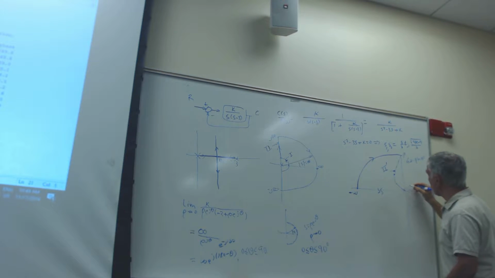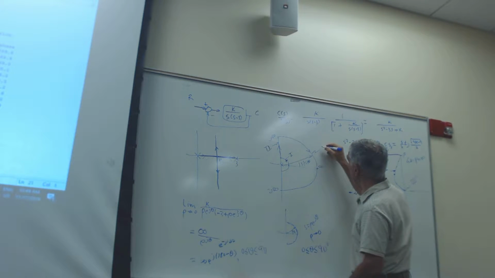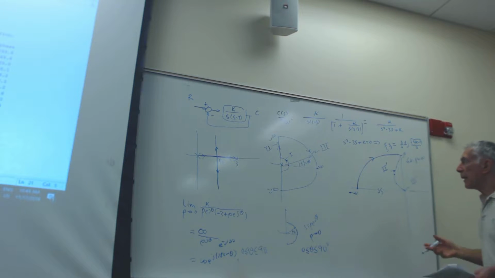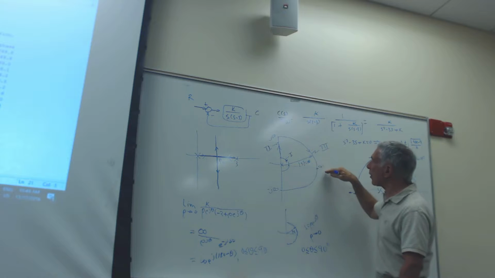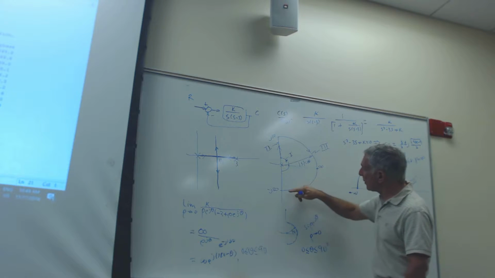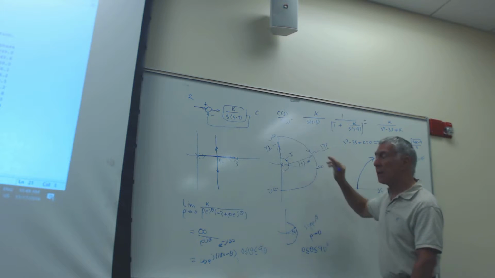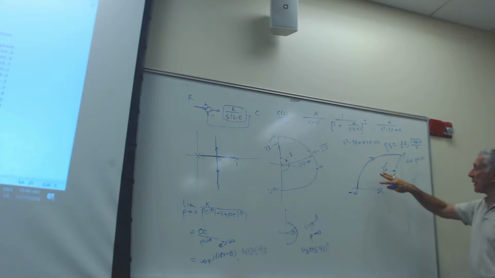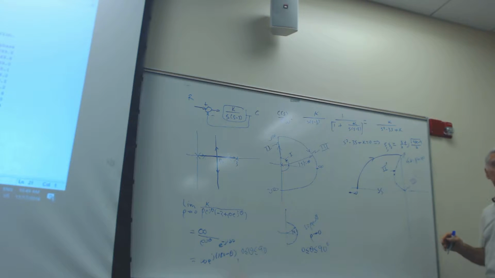So this point here would be, say, 3 prime, or I'm calling it 3. The points below the horizontal axis are complex conjugates of the points above. The complete Nyquist diagram can be obtained just by taking the mirror image about the real axis.